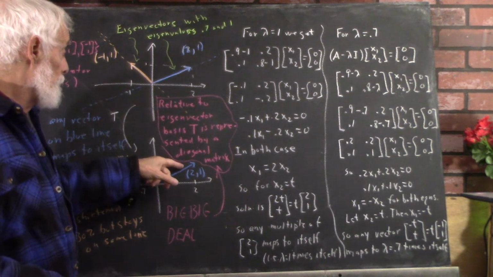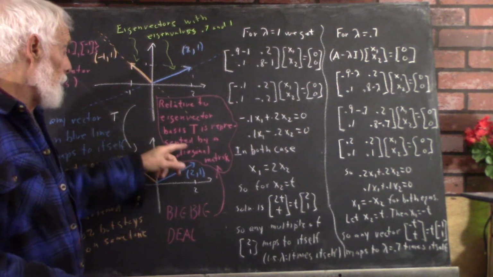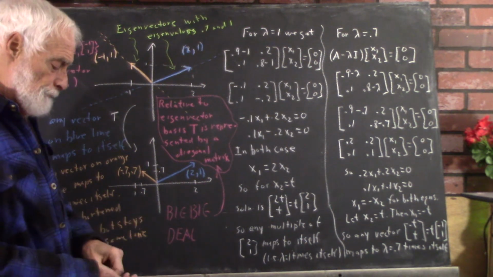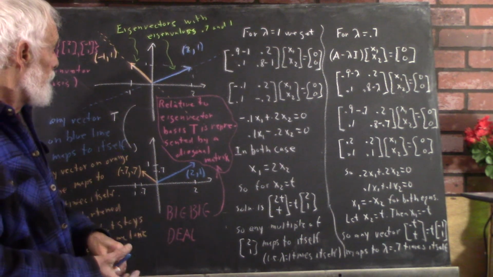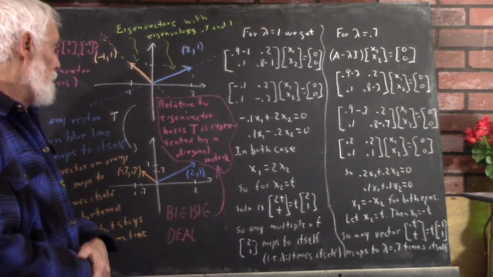Okay, so relative to the eigenvector basis, the transformation T here is represented by a diagonal matrix, and this is a big, big deal. You will find out a little bit about how big a deal it is.